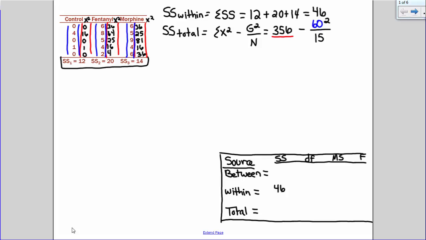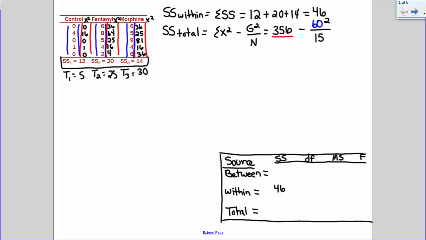So we could say, all right, T1, T2, and T3. Remember, that's the sum of x for each group. So if we take 4 plus 1, we get 5. 6 plus 8 plus 5 plus 4 plus 2 gives you 25. 6 plus 5 plus 9 plus 4 plus 6 gives you 30.